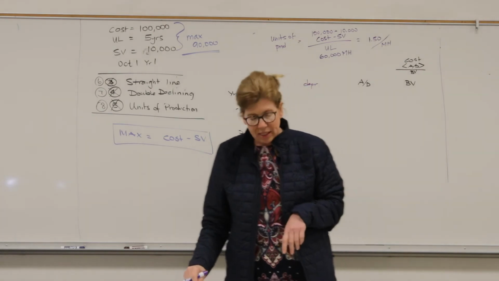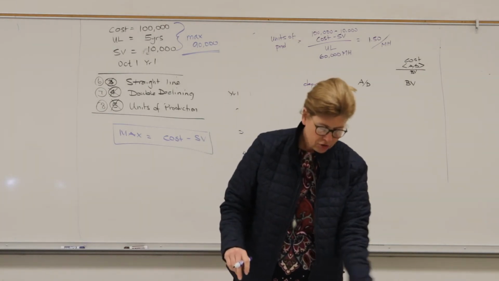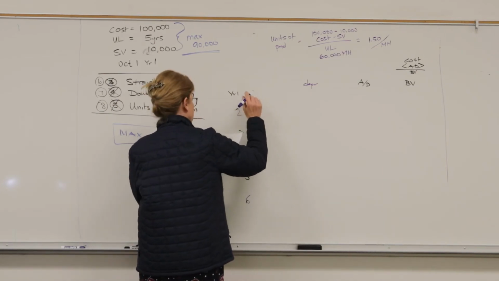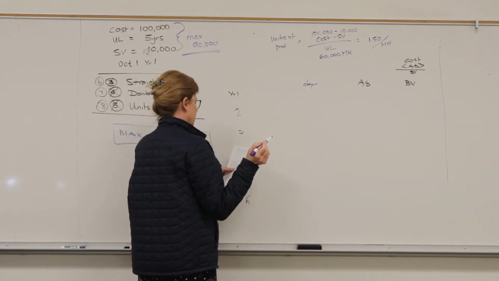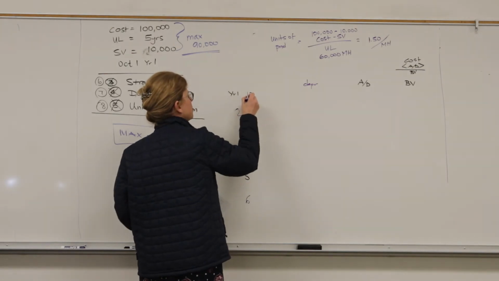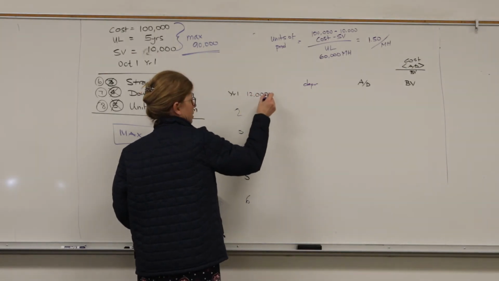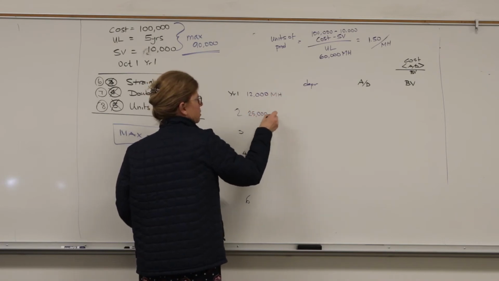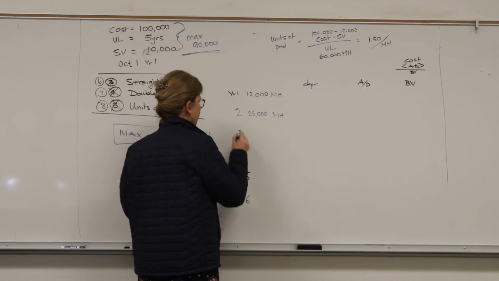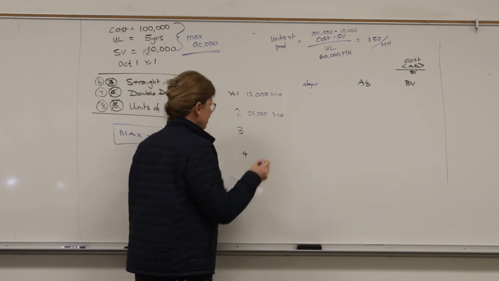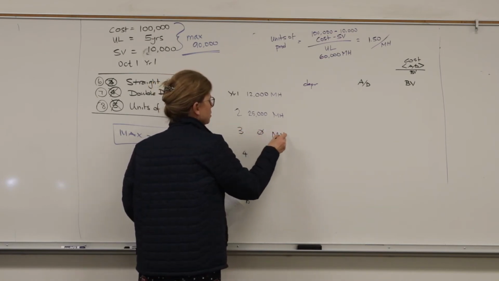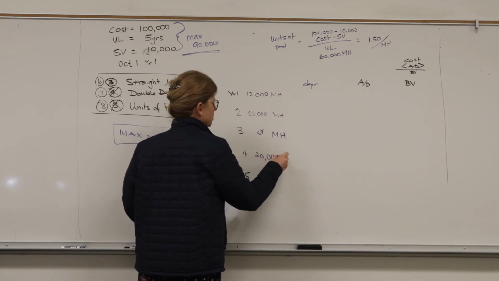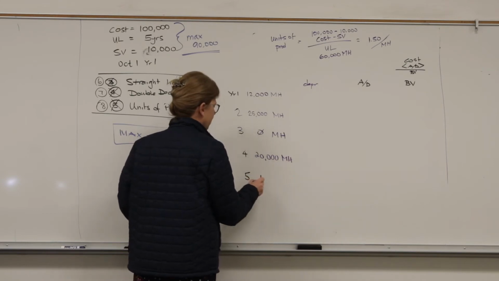So pretend that in each of these years, in year 1, we used this, what did we decide last time? 12,000 machine hours, 25,000 machine hours. In year 3, we use 0 machine hours. Year 4 was 20,000 machine hours. And year 5 was 5,000 machine hours.